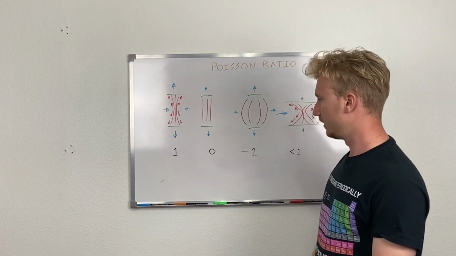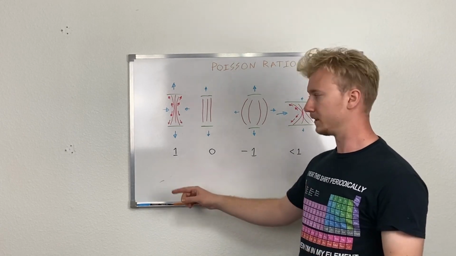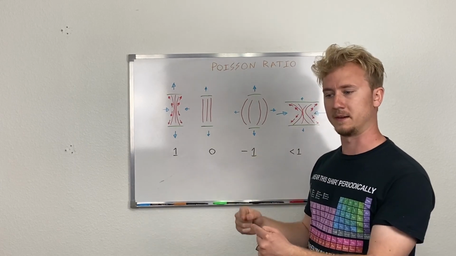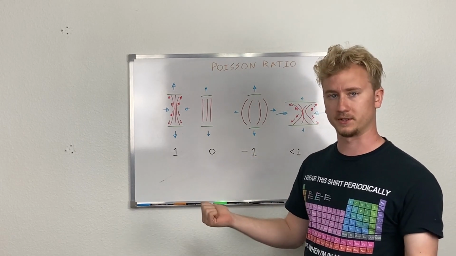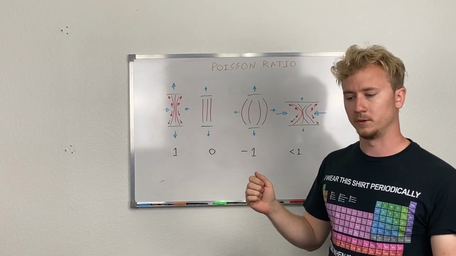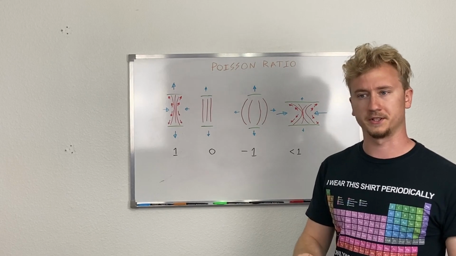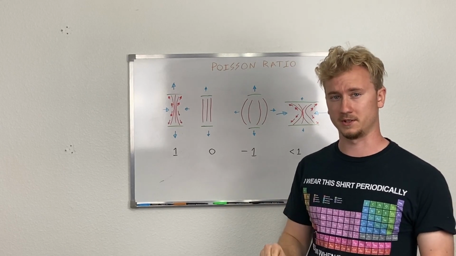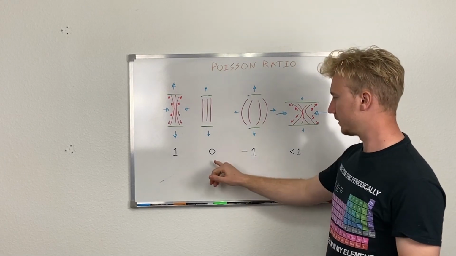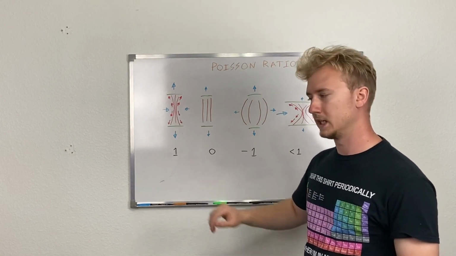For example, a material with a Poisson ratio of exactly 1 will thin at exactly the same rate as it's stretched. A Poisson ratio of 0 will mean that it can be stretched or compressed, and the cross-section perpendicular will not change at all. Most materials, almost all materials, are between these two.